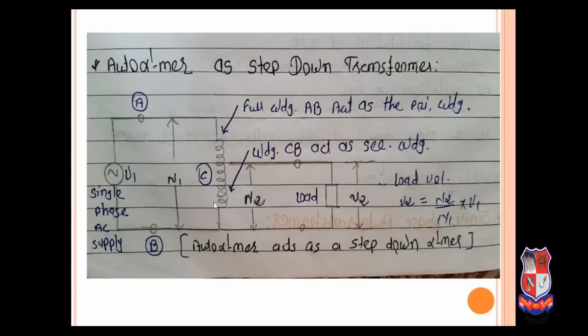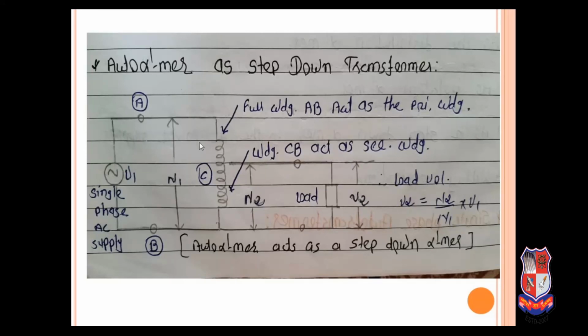So from the figure we can say that the primary winding has a higher number of turns. The winding having a higher number of turns has a voltage higher than the secondary side. So the primary winding has a higher voltage, whereas the secondary winding has a lower voltage.